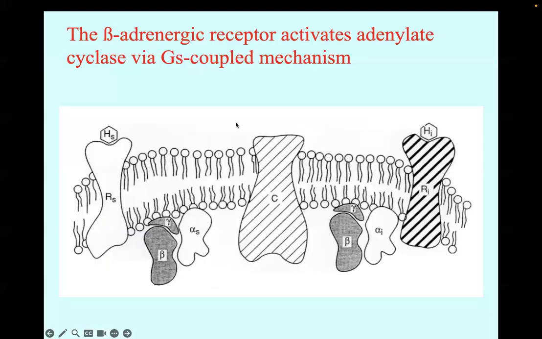So the beta adrenergic receptor, which was the first that became well characterized, is coupled to, excuse me, a G protein called Gs, alpha S. S stands for stimulatory, and I, for example, stands for inhibitory.